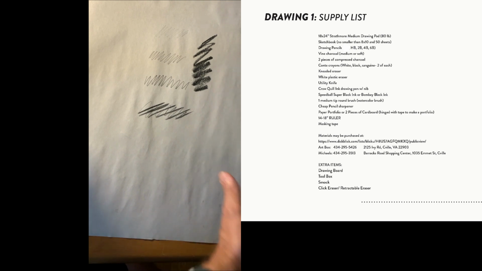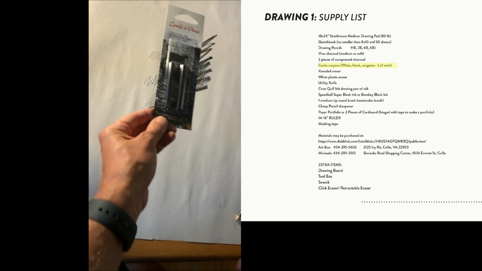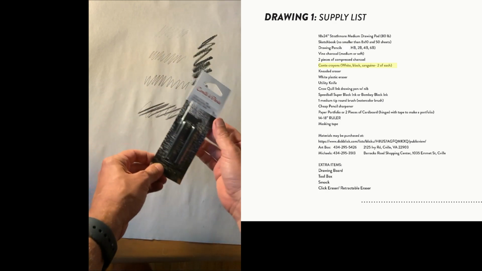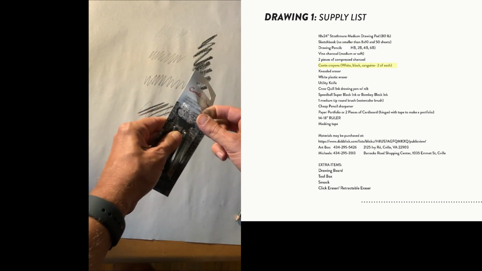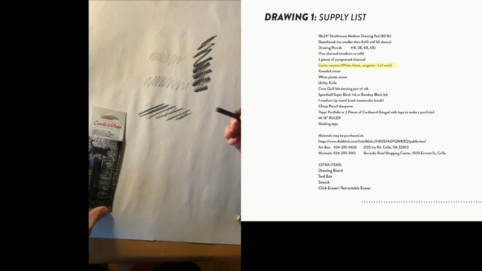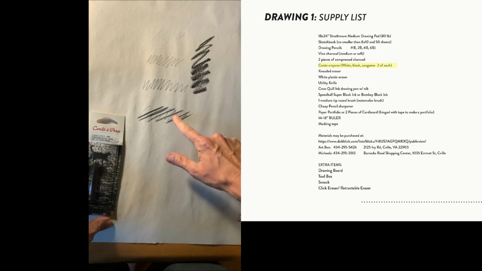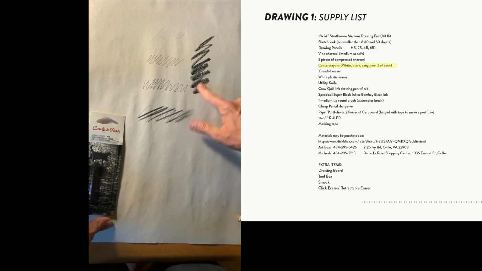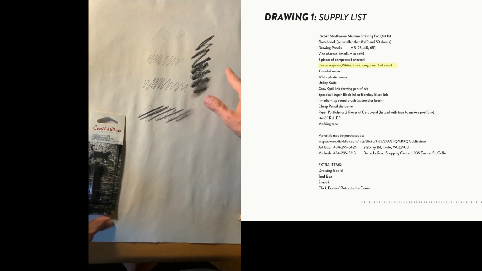And the next thing that we're going to look at is our Conte crown. Now, I'm only requiring you guys to get the black Conte crown. Now, black Conte, and I'm going to open this up so we can kind of look at it. The black Conte crown has a little bit more wax. For example, in regular charcoal, we can smudge it. It doesn't have any wax in it, so it can be blended.